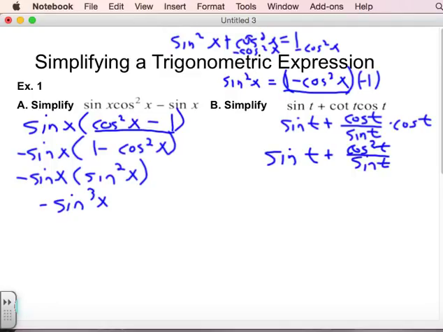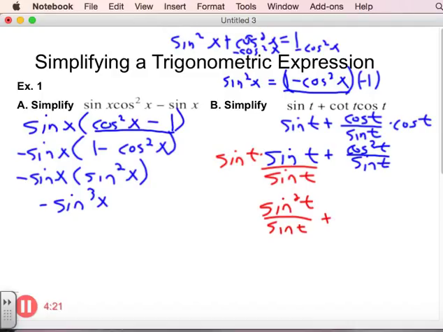All right, now at this point we want to try to combine fractions, so we need to get a common denominator. So in order to make the sine t have a denominator of sine, if we give the bottom a sine of t, then we've got to give the top a sine t also. So now up top we have sine squared t over sine t plus cosine squared t over sine t.